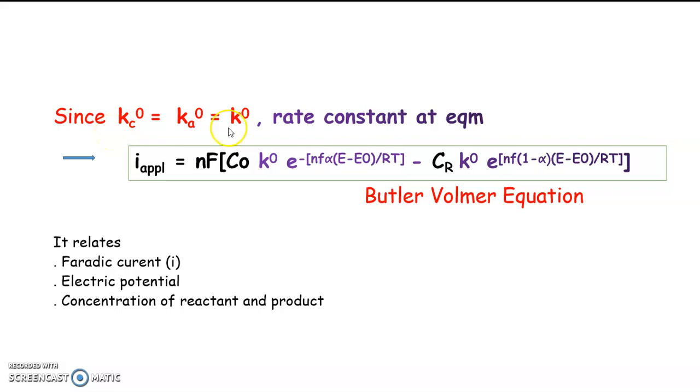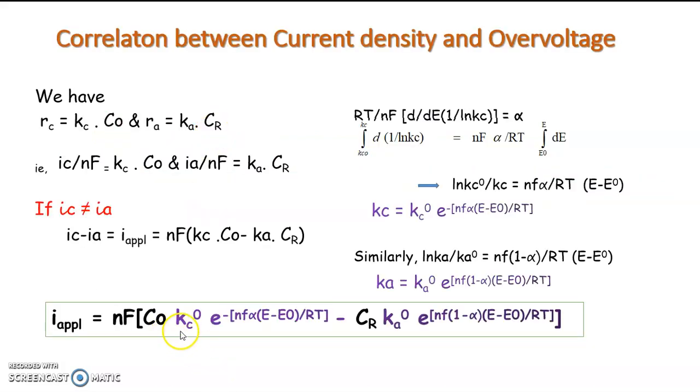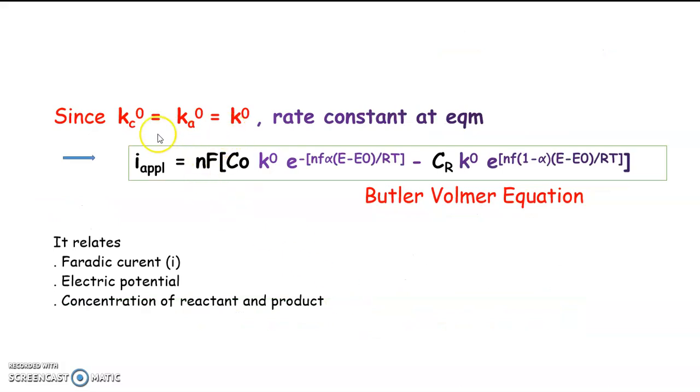Kc0 and Ka0, we know, are equilibrium rate constants. That is the rate constant when the forward and backward processes are in equilibrium. Since at equilibrium the two rate constants should be the same, we can give it as K0.